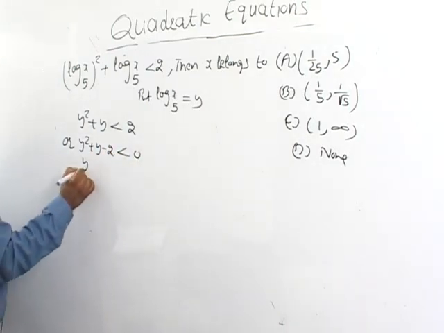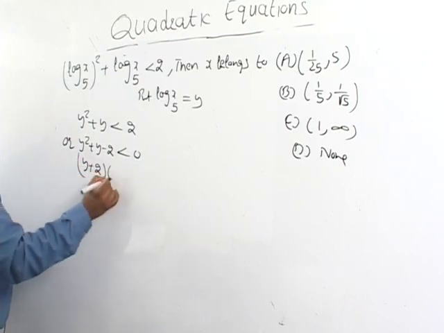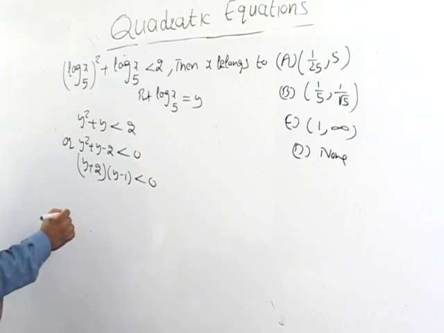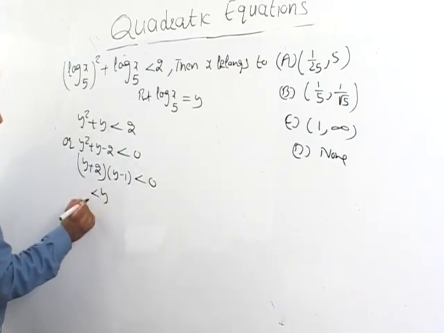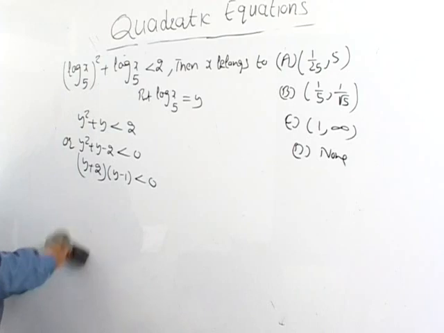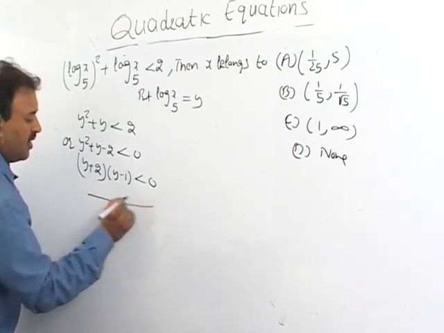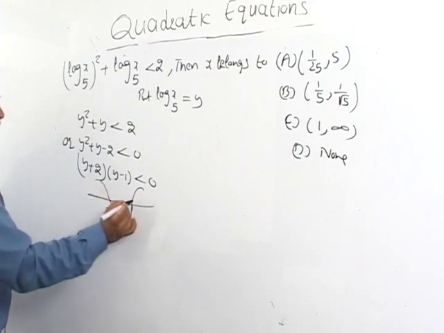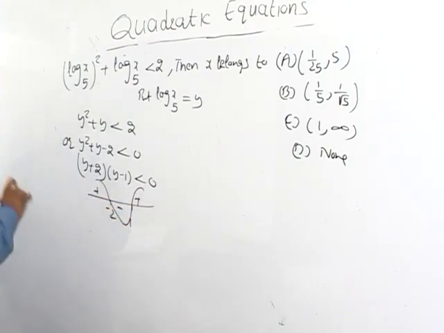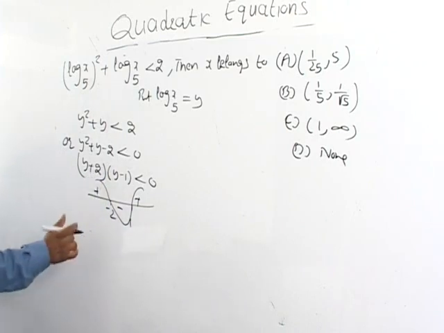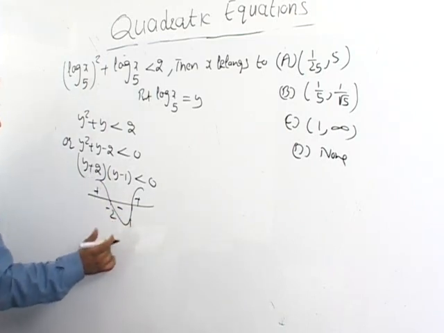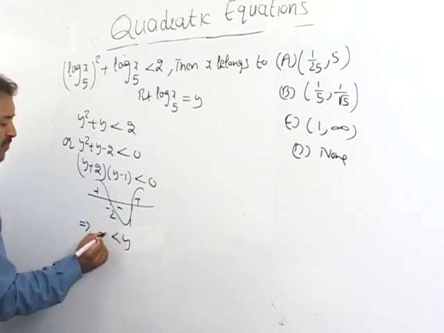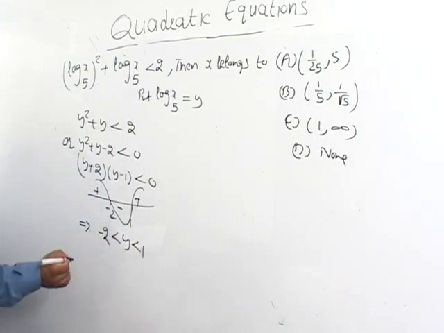We factorize: y plus 2, y minus 1 less than 0. We draw a number line with minus 2 and 1, and use the wavy curve method: positive, negative, positive. We want where y is negative, which is between minus 2 and 1. That means y lies between minus 2 and 1.